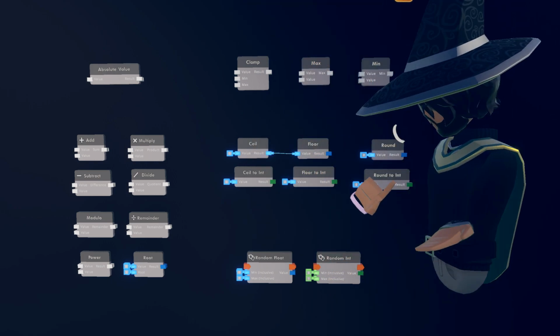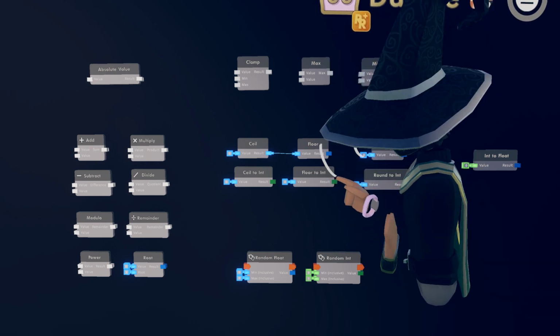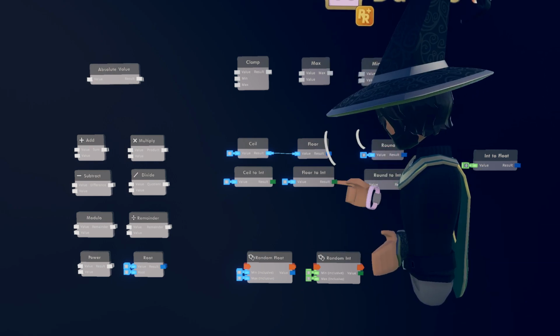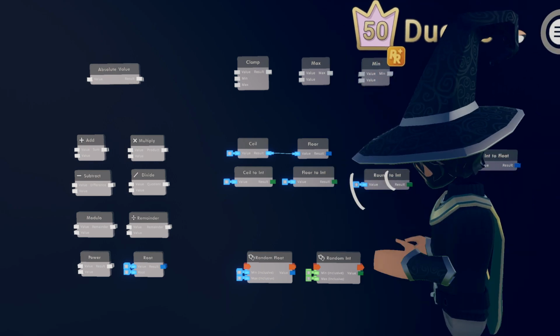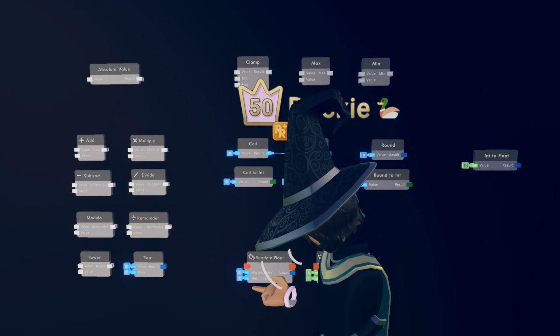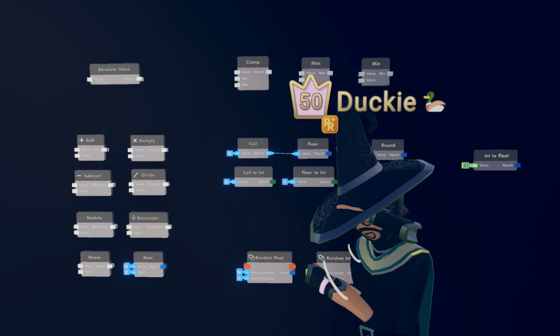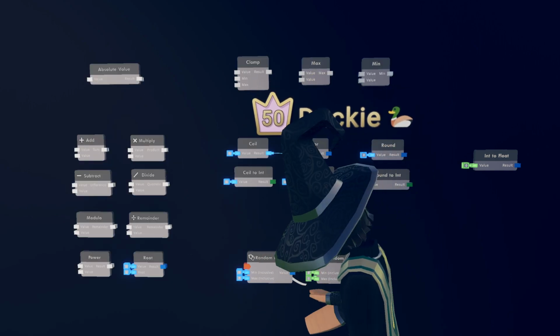It'll just round down, and since it's an int, it can only be whole numbers. So negative 1, 0, 1. These will just take your min and max and pick a random number between them. Same thing with this; this just goes into decimals, and this doesn't.